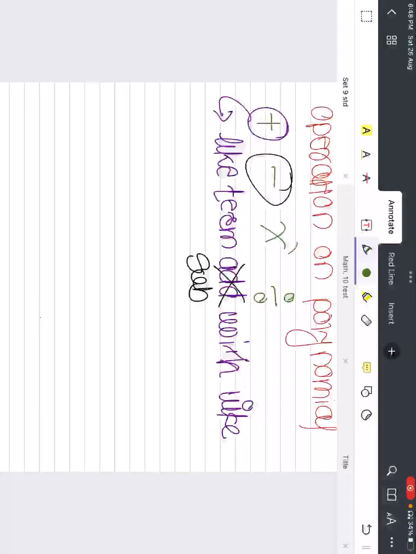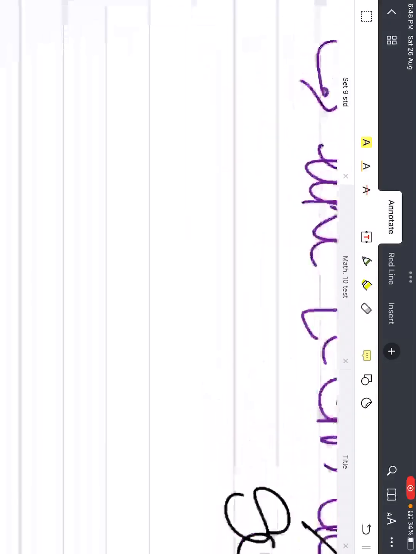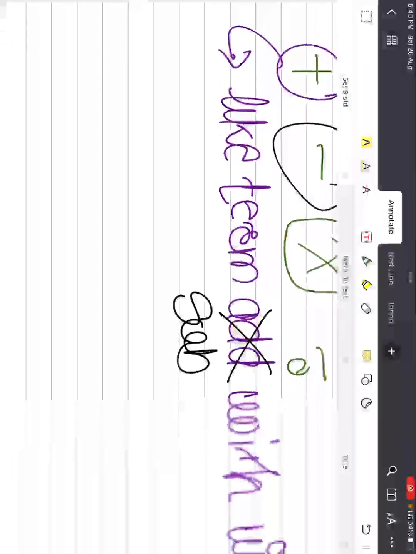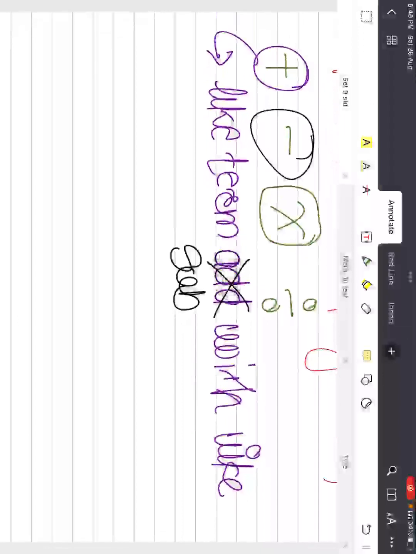Now we are moving to the next one, multiplication. In multiplication of polynomials, always keep in mind, to multiply or divide the numbers, we must know some basic concepts, which we call the index rule, or sorry, indices.